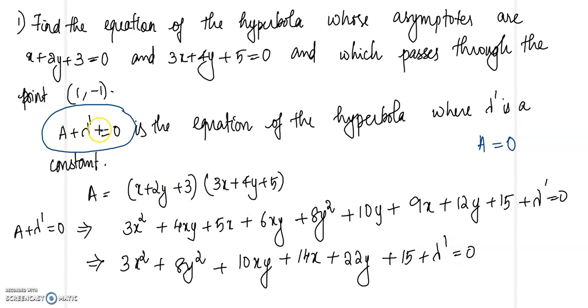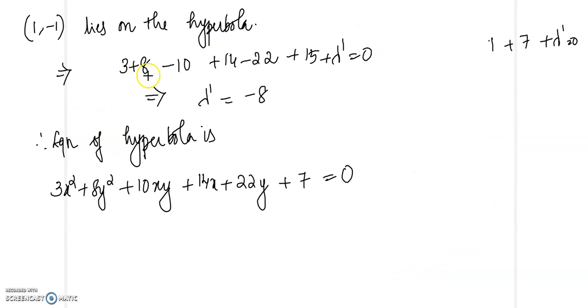Now we are given that 1, minus 1 is a point on the hyperbola. So let us substitute the point into this equation. That will give 3 plus 8, minus 10, plus 14, minus 22, plus 15, plus lambda dash equal to 0. So upon simplifying, we will get lambda dash equal to minus 8.